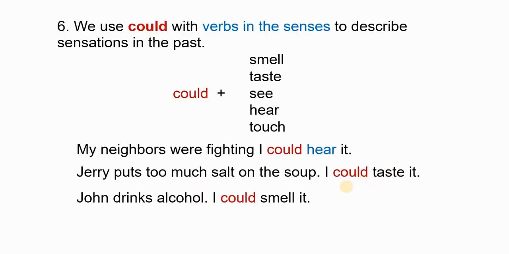And number 6, to describe sensations in the past. We use could with verbs of the senses to describe sensations in the past. So we have here could plus smell, taste, see, hear, and touch.